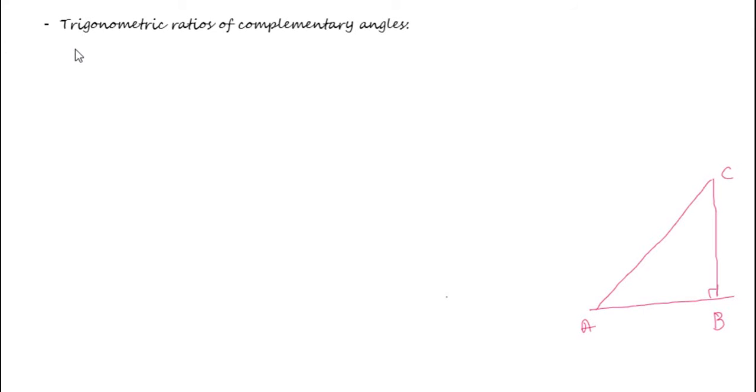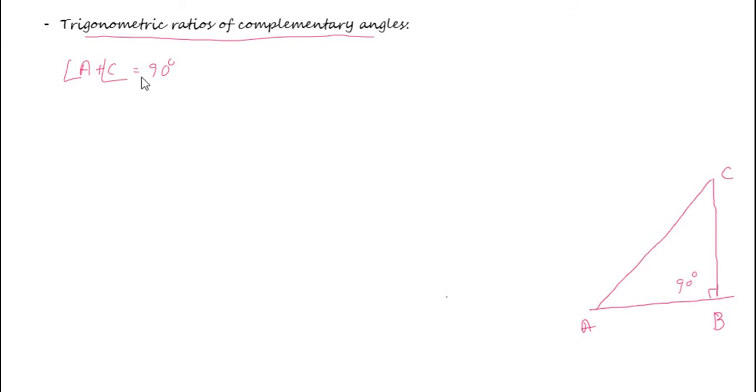Now second part of this module, trigonometric ratios of complementary angles. Let us take a triangle ABC with angle B 90 degree. If angle B is 90 degree, then sum of the other two angles, angle A plus angle C is equal to 90 degree.